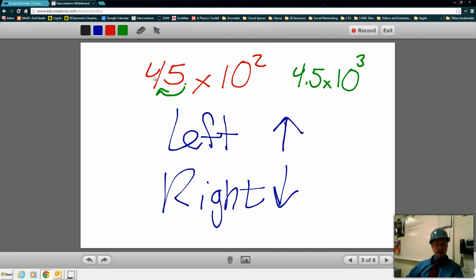So in this particular case, I had 45 times 10 squared. I moved the decimal to the left to put it into scientific notation. In doing so, I raised the exponent to a 3. Had I needed to move the decimal to the right, I would have reduced the exponent, so it would have gone from a 2 to a 1.